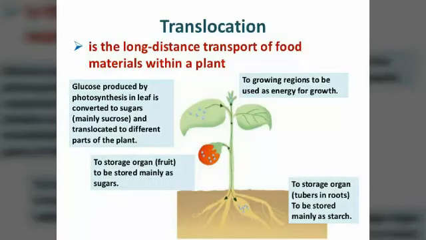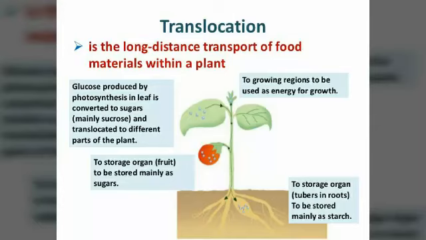Now the next topic is transport of food and other substances. This process is known as translocation. It means transfer of food from one location to another location, from leaf to the other parts of the plant.